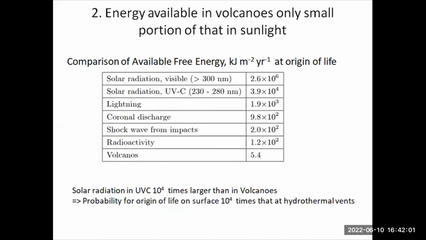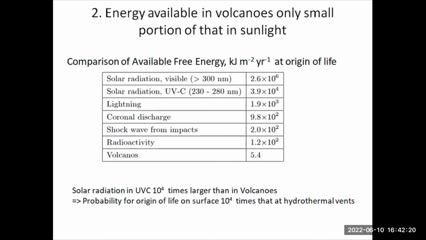And the second point against the hydrothermal vent theory is that the energy available in volcanoes, or coming from the interior of the Earth, the heat in the interior of the Earth, is very small compared to the free energy available in sunlight.